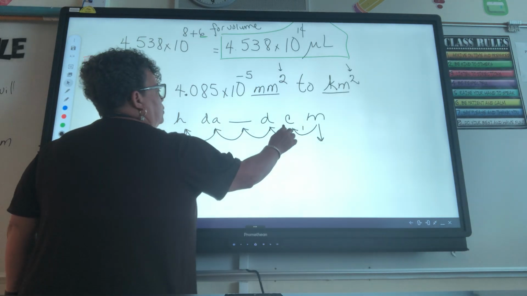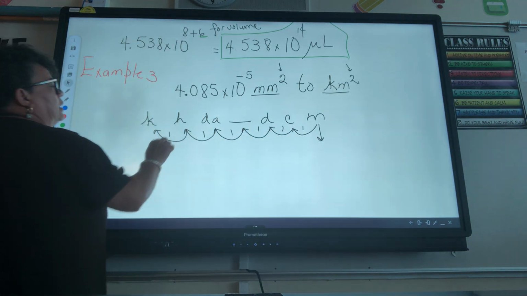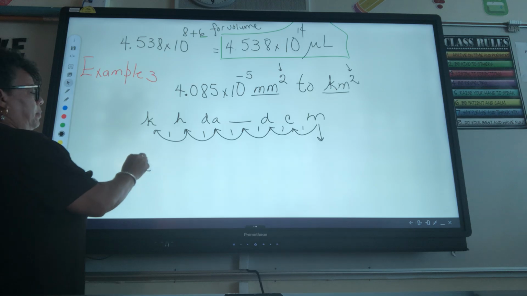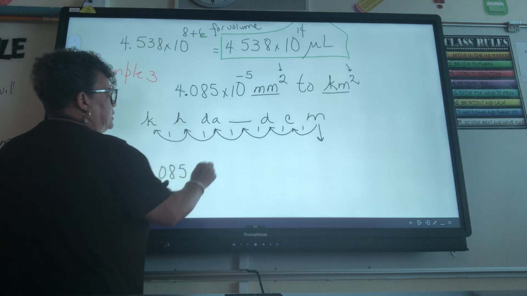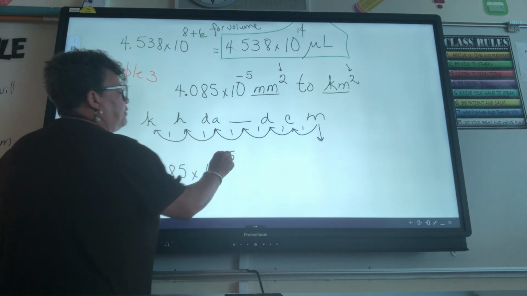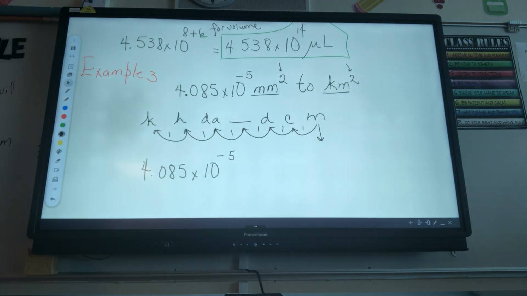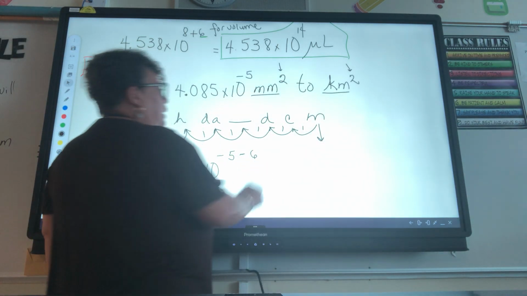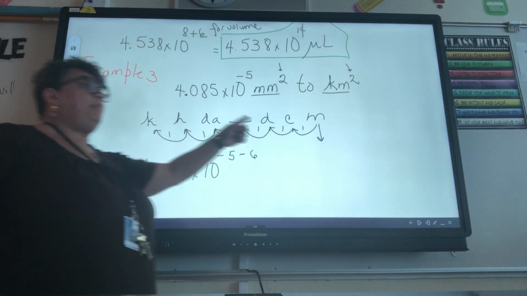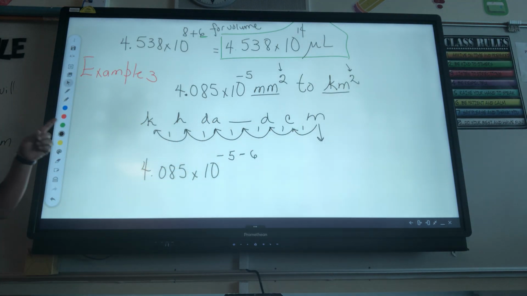I'm going to keep the number times 10 to the negative 5. I'm moving to the left. Do I have to add or subtract? I'm going to subtract. Ms. Ramos told me that I'm going to subtract the places that I have to move.